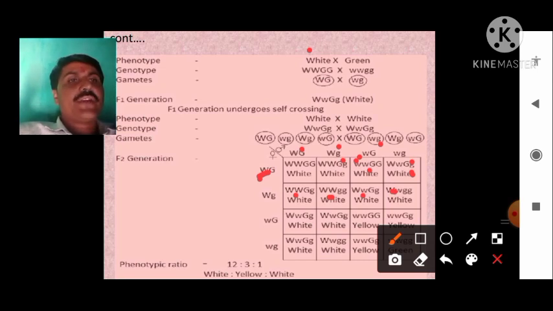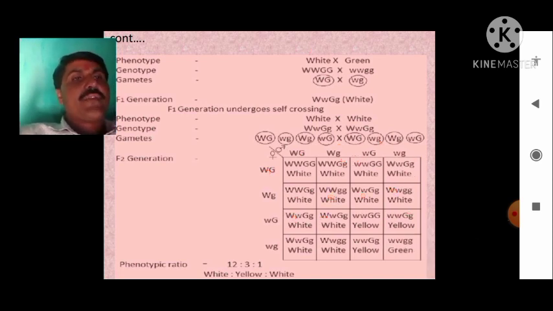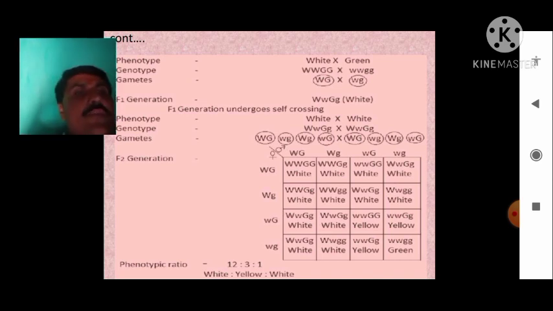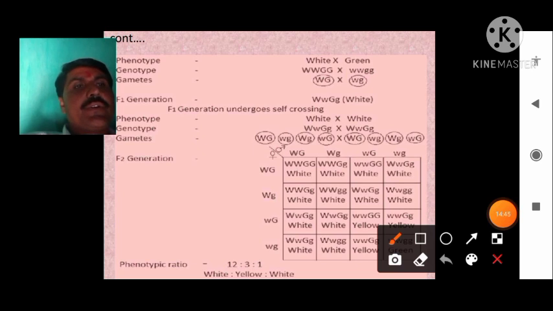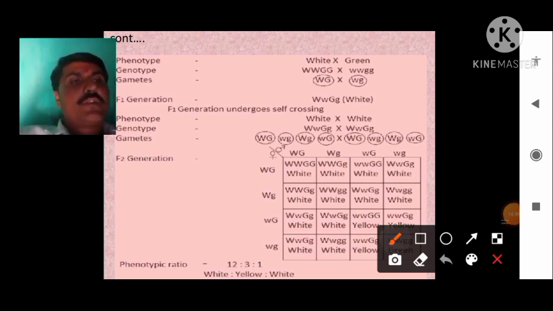What we get here, 9, 10, 11, 12, all these are white. When we look at the genotypes, we got 12 white ones and 3 yellow ones. So this is the yellow one.